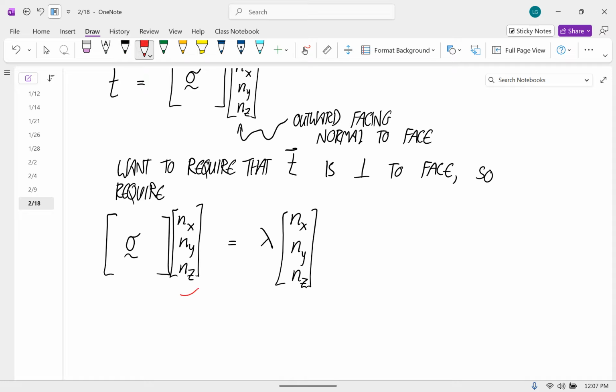So this is the traction on a face. And this is the part where we're requiring that the traction is entirely perpendicular, entirely parallel to the outward facing normal.